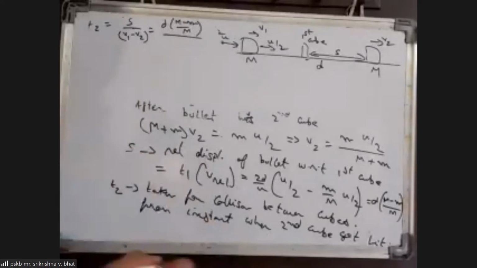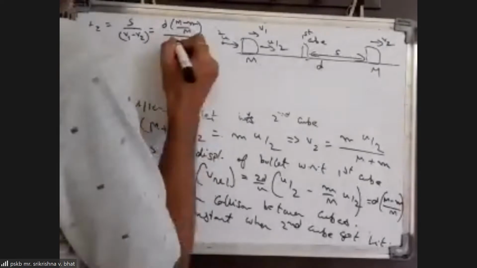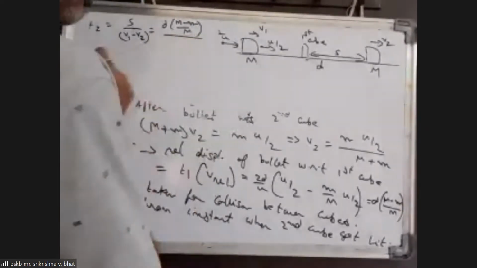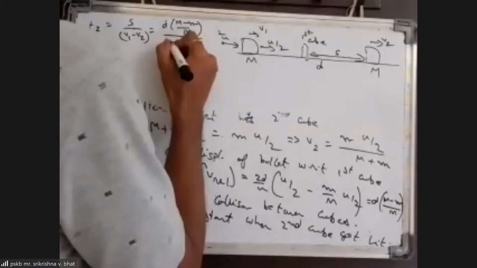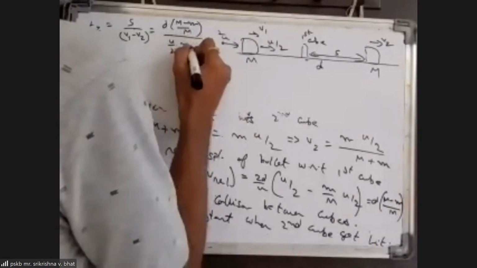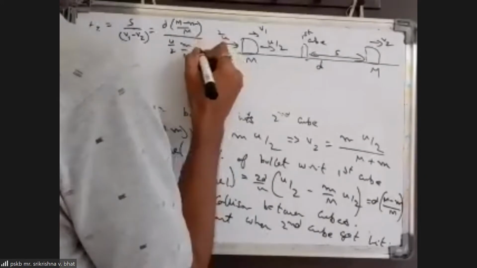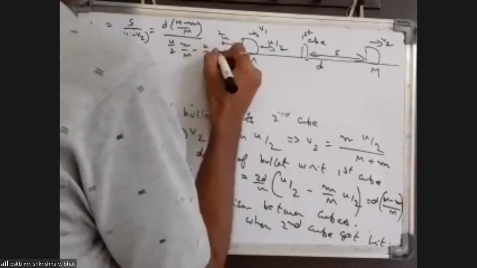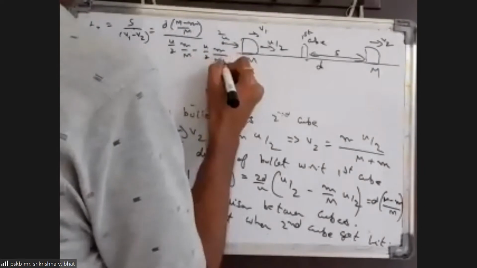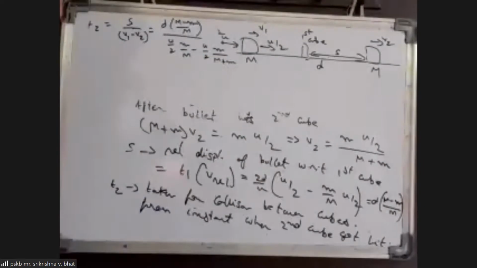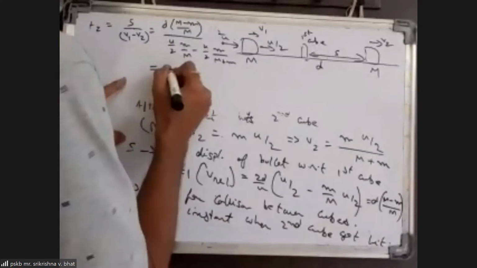Now v1, as we already got, comes out to be u by 2 into M by m, minus v2, which will be u by 2 into m by M. So this comes out to be equal to 2d by u.